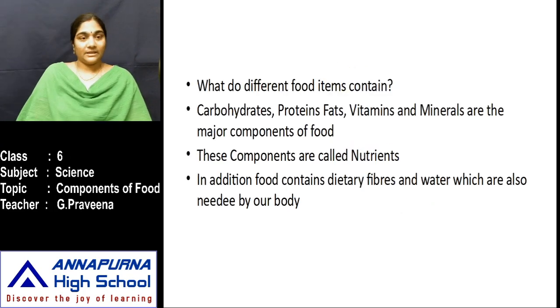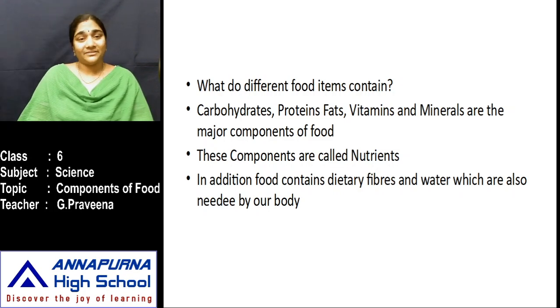So here goes our lesson, components of food. So what do different food items contain? To prepare any dish we need one or two ingredients, right? So these ingredients we get from either a plant or animal source.